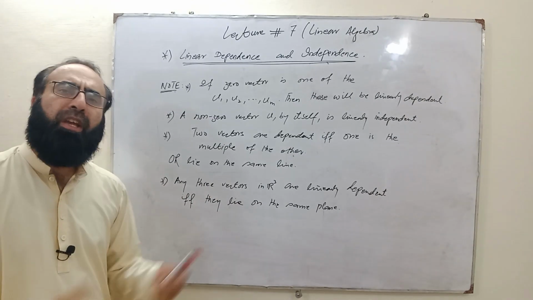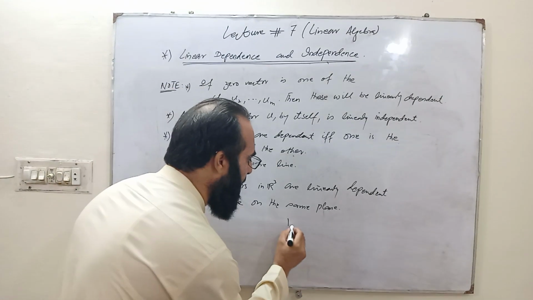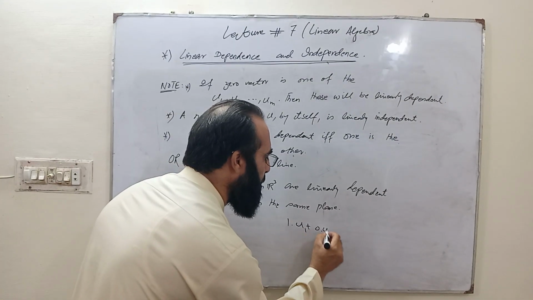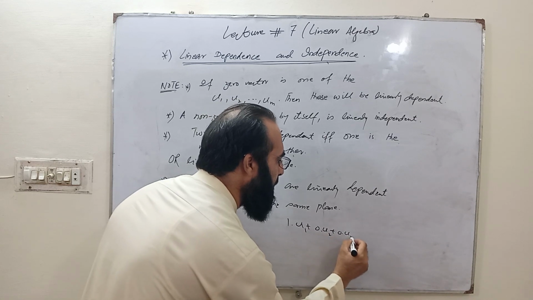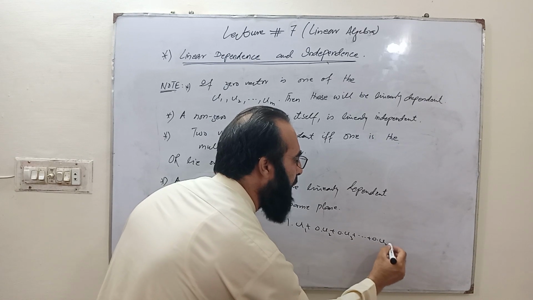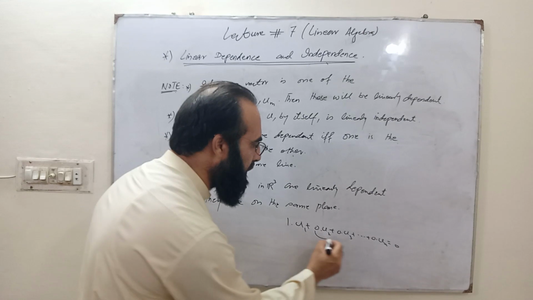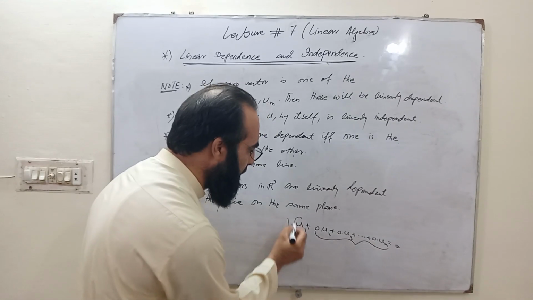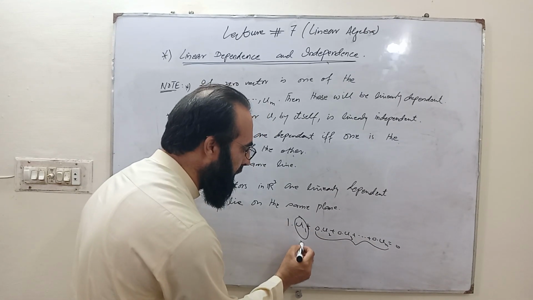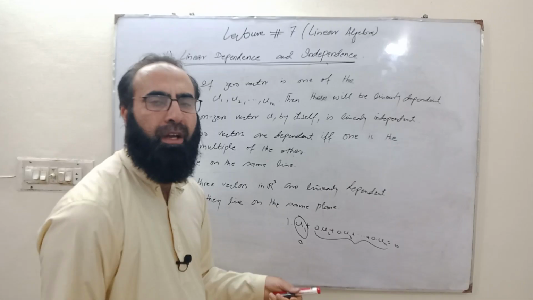Why? Say u1 is our zero vector. Then we can write 1 dot u1 plus 0 dot u2 plus 0 dot u3 up to 0 dot um is equal to 0. Why? All these give us 0, and since u1 is a zero vector, if we multiply 1 with 0 we also obtain a 0.